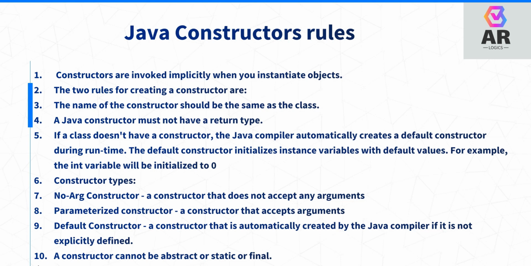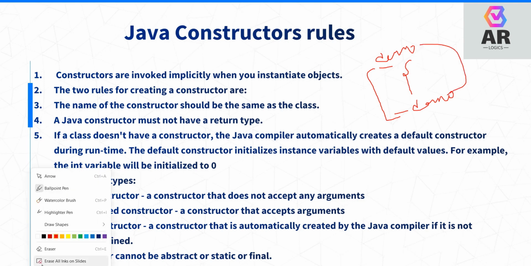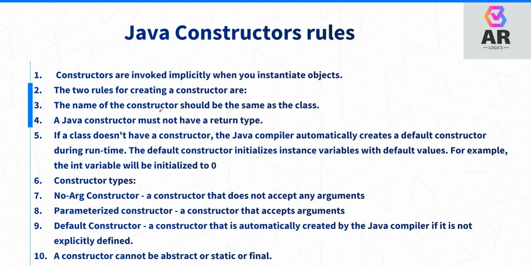Class name and constructor name should be the same. Suppose the class is demo, the constructor should be demo also. The constructor must not have a return type. A constructor doesn't have a return type.